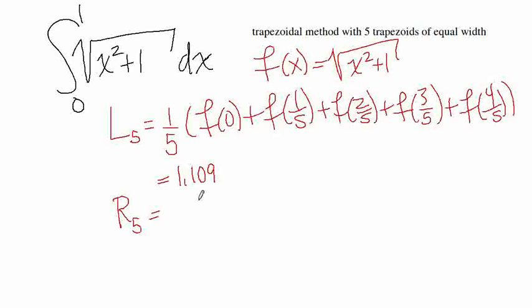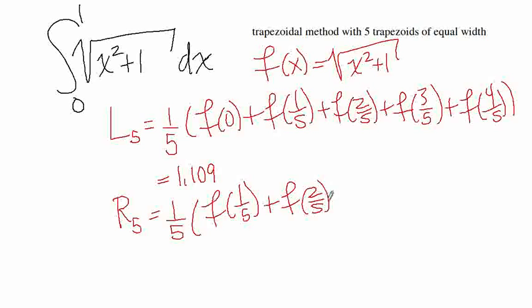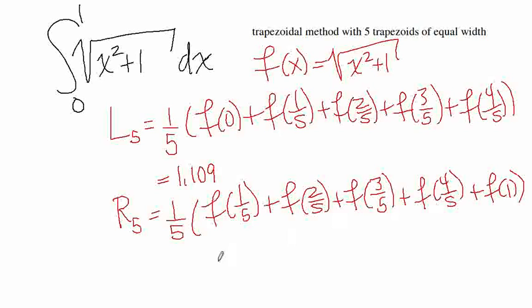Okay, and then finding the corresponding right side rectangle approximation method value, I would have to find 1/5 times the sum of the function values f of 1/5 plus f of 2/5 plus f of 3/5 plus f of 4/5 plus f of 1.